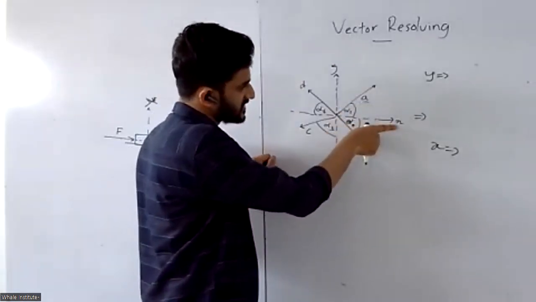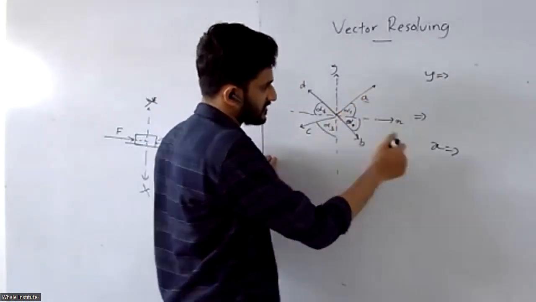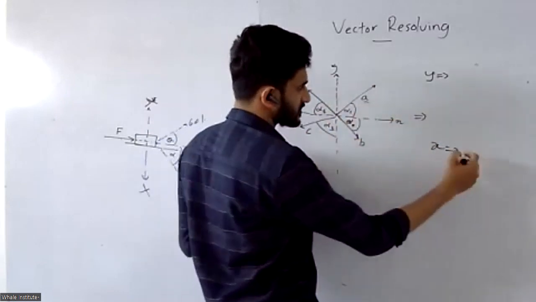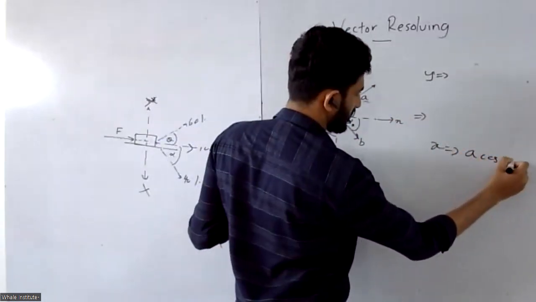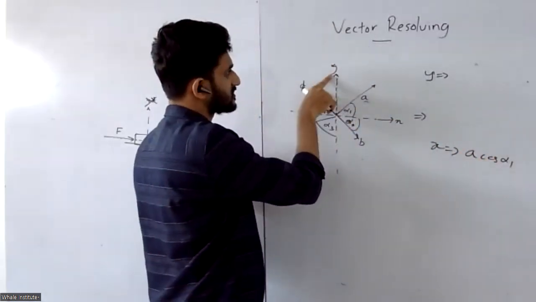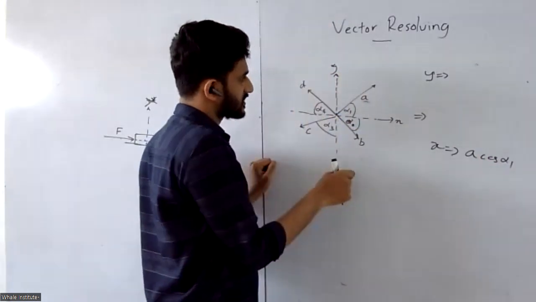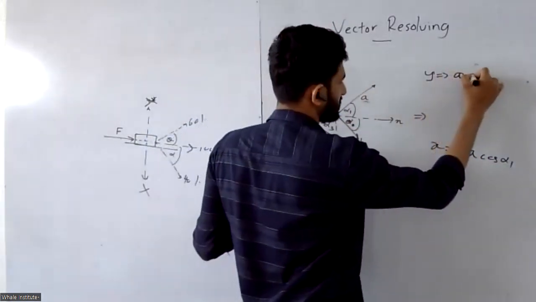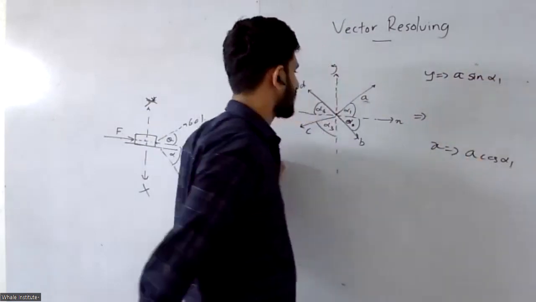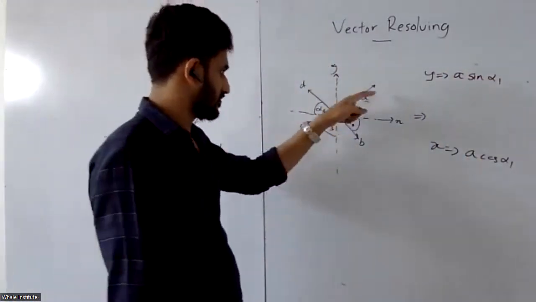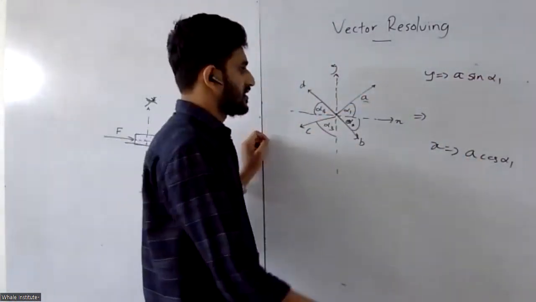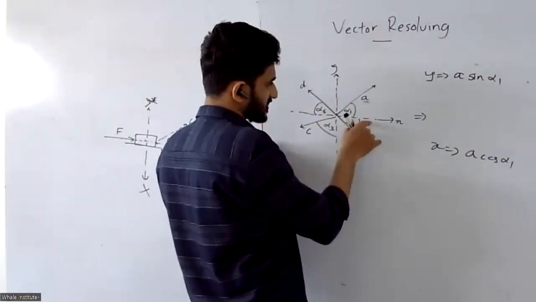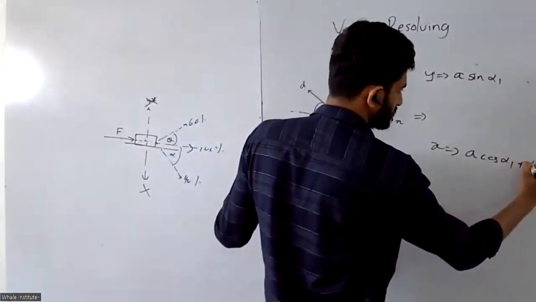This towards x direction, that's a cos alpha 1, right? Because angle is alpha 1. Then towards the other side, the opposite side, that's sine part, a sine alpha 1, right? Then the second vector b, clockwise. Here b towards x, b cos alpha 2.